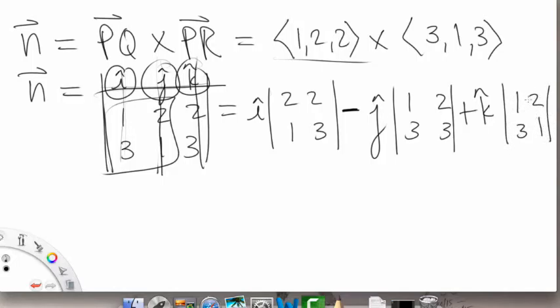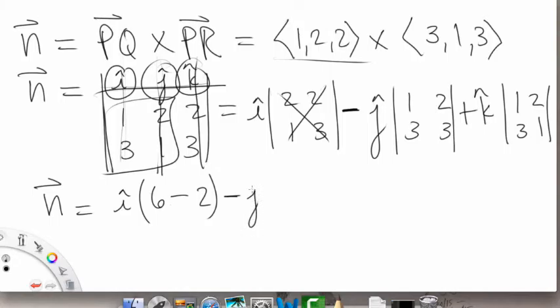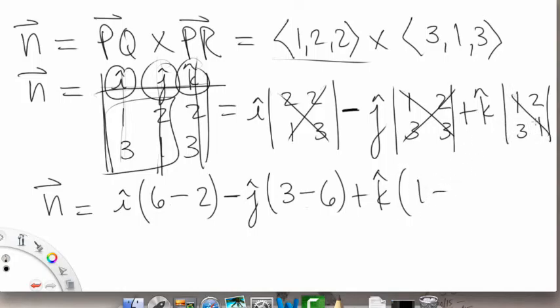Now let's continue. For i hat we get 2 times 3, which is 6, minus 2 times 1, which is 2. Then we have our minus j hat, and we have 1 times 3, so 3, not a 1, minus 2 times 3, which is 6. Then for our k hat, it's 1 times 1 minus 2 times 3, which is 6.